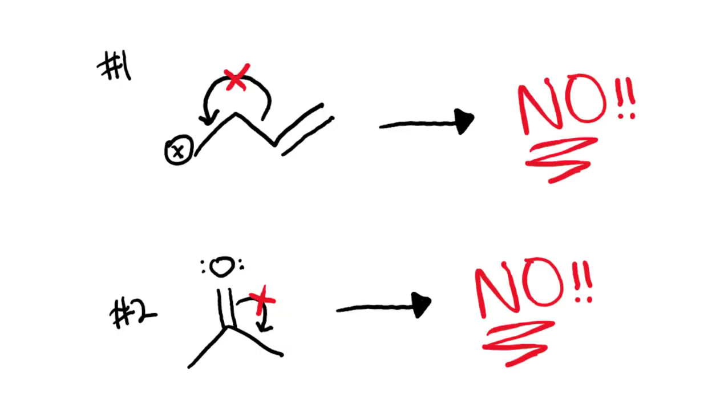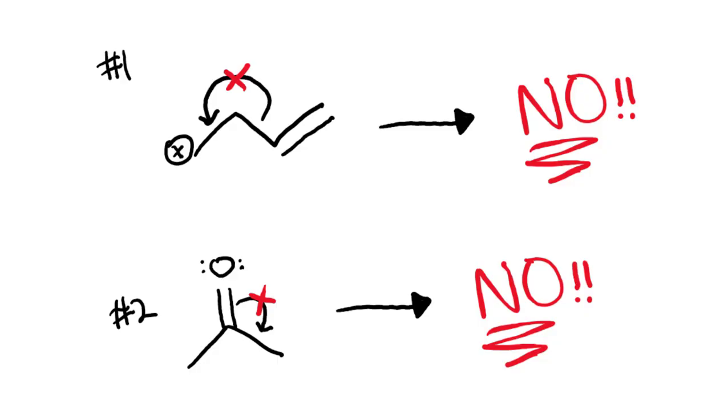Here you can see an example of each of those exceptions. The first one is showing the breaking of a single bond. If we were to actually follow what that arrow is showing, we would be erasing this bond here, and we would essentially be cutting the molecule in half. So that's not going to be a valid resonance arrow.